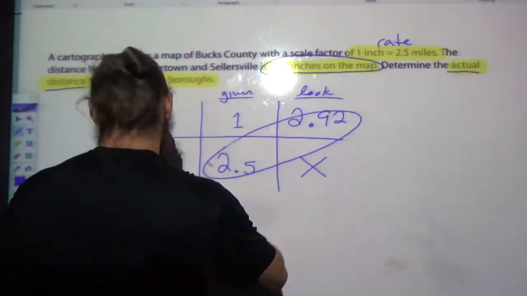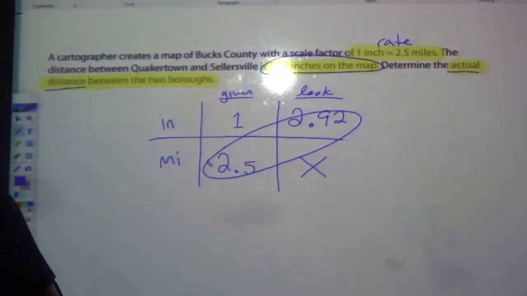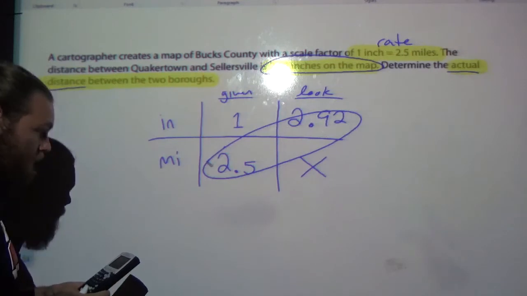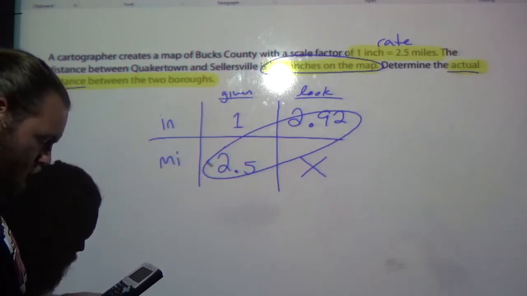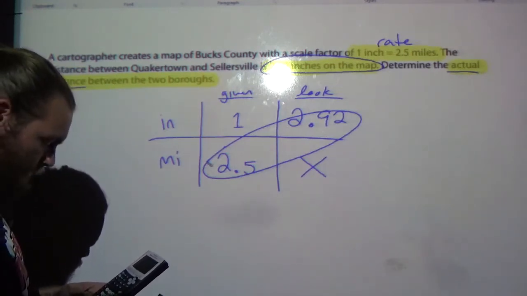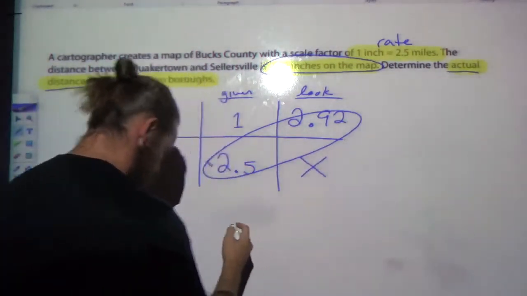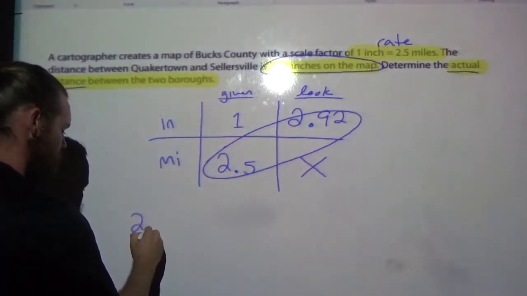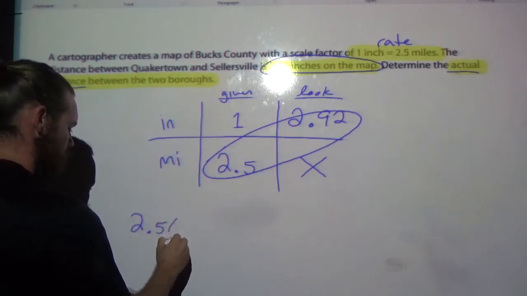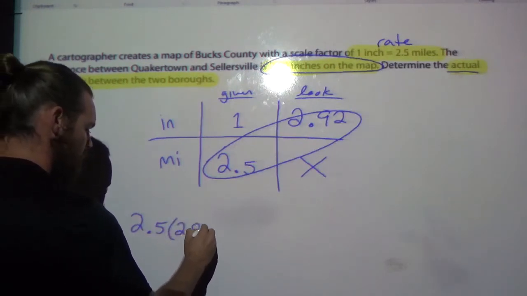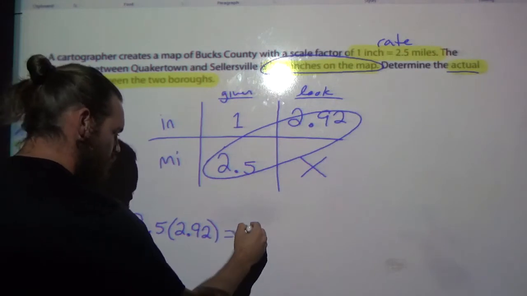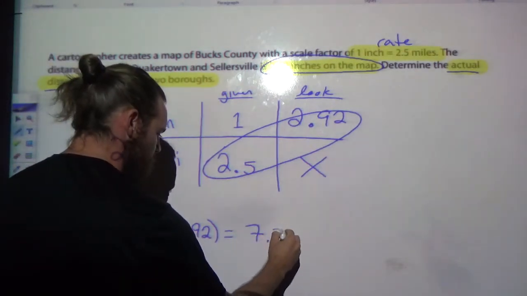From here, we just cross multiply and divide. 2.92 times 2.5. I don't know about you, but I can't do that in my head, so I'm going to use my calculator. 2.92 times 2.5 gives you a total of 7.3.